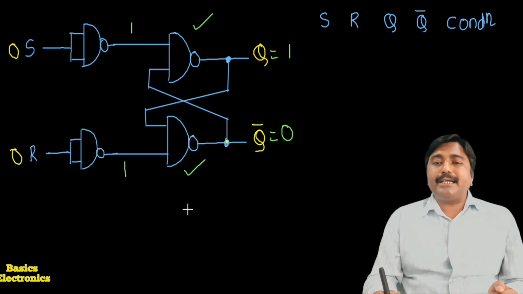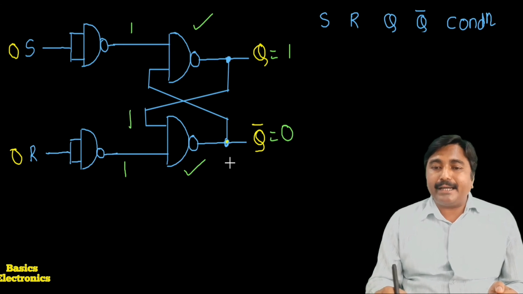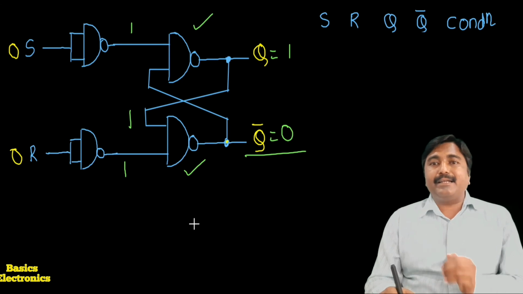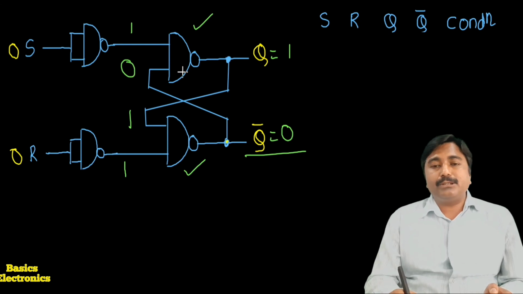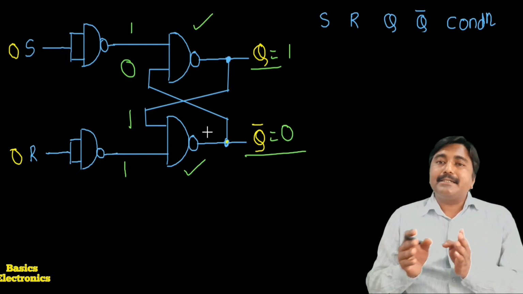Q equals 1 is applied to the lower gate, so the lower gate produces a low output because both inputs are 1 1, and the upper gate produces a high output, because one input of this gate is 0. So Q equals 1, Q bar equals 0, the flip-flop is in the set condition.